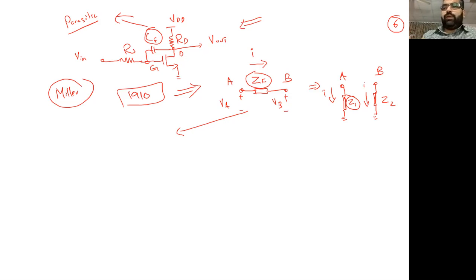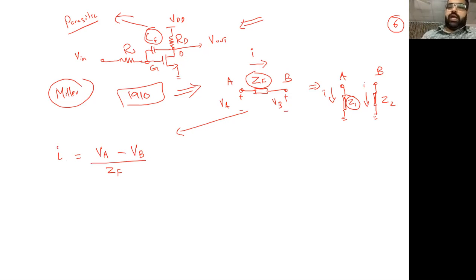Since the current is the same, I can write I equal to VA minus VB divided by ZF. Again, I'm writing I1, so it should be I, because I'm used to writing I1 or I2.